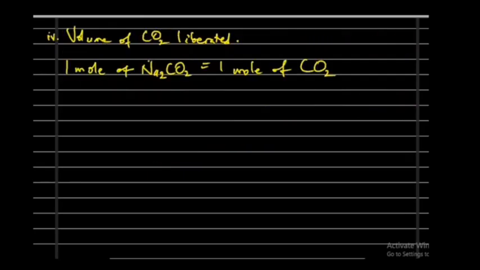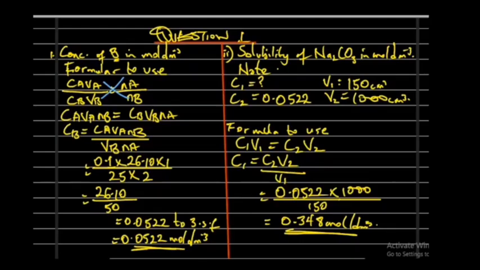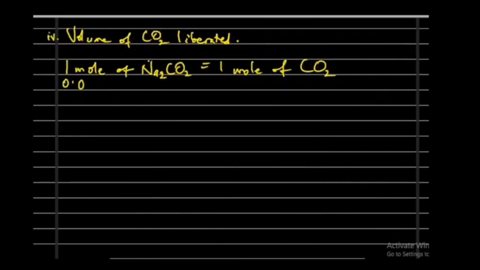So if 1 mole of sodium trioxocarbonate gives 1 mole of carbon dioxide, then from the moles of trioxocarbonate we calculated here to be 0.0522, we can say 0.0522 moles of sodium trioxocarbonate will give us also 0.0522 moles of carbon dioxide.